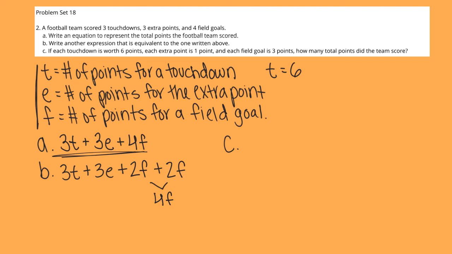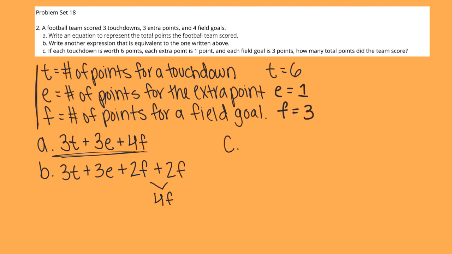And then after you get that touchdown, you can go for that extra point by kicking a field goal. So now I have E equals 1. And then the amount of points for a field goal is 3. So I have F equals 3.